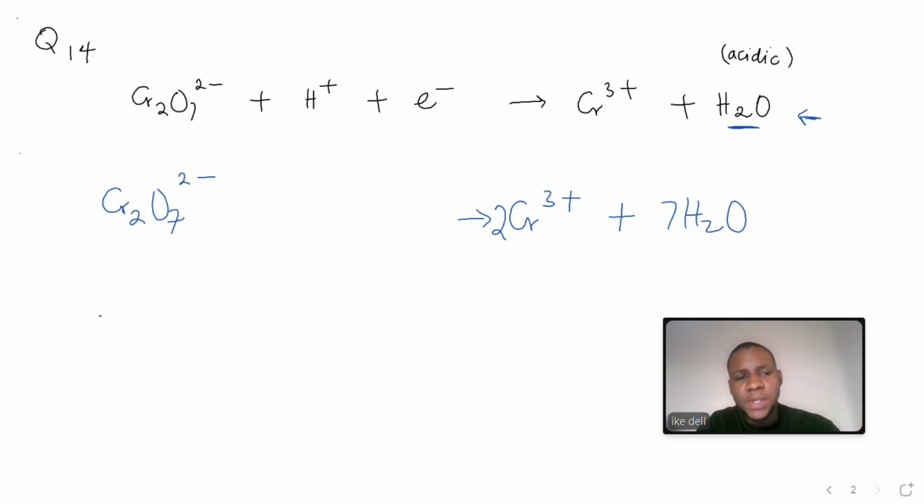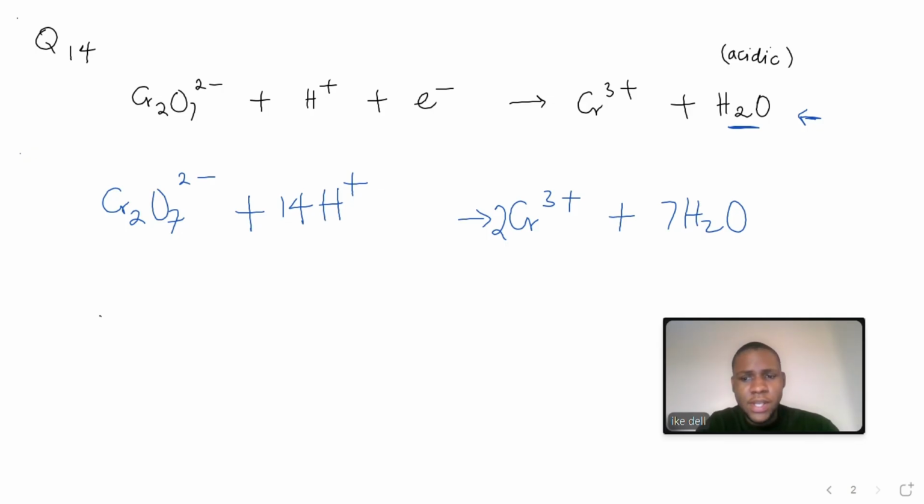The very next step is to balance hydrogen with hydrogen ion. So look at what I'm writing in blue there. On the right hand side, I have 14 atoms of hydrogen. So I want to balance it on this side, of course, with hydrogen ion. How many am I going to put there? 14 hydrogen ions.